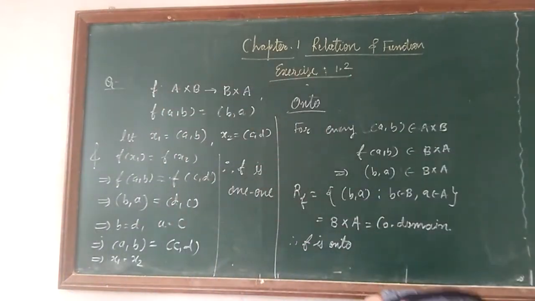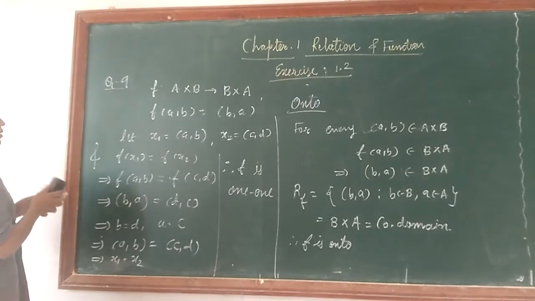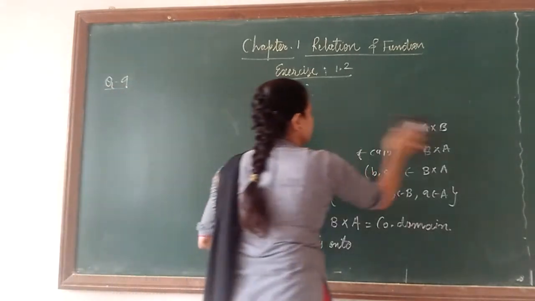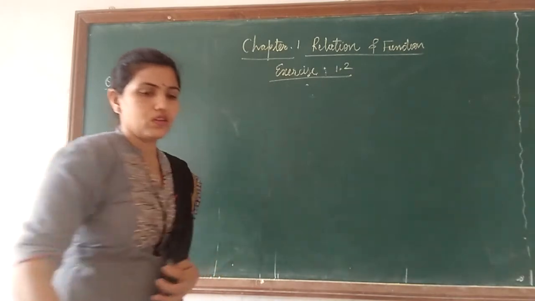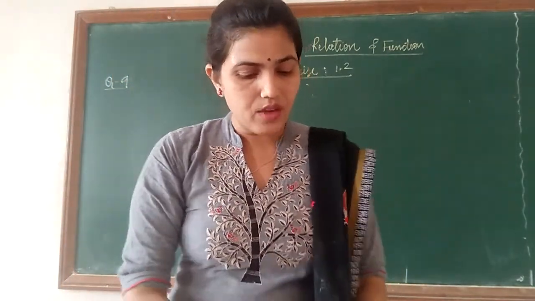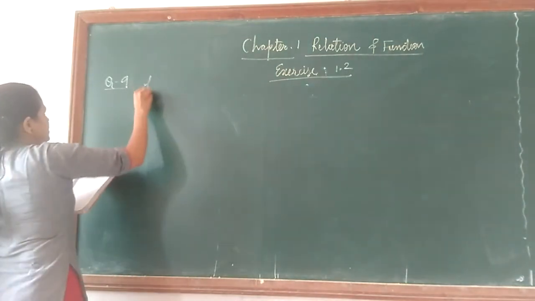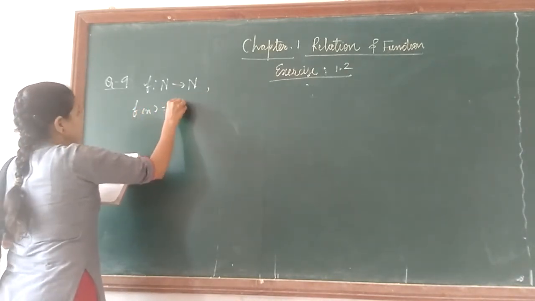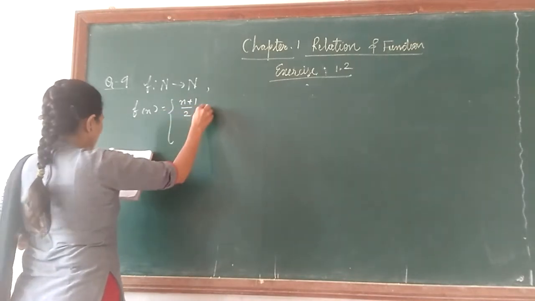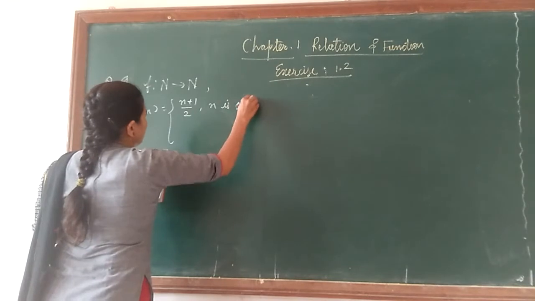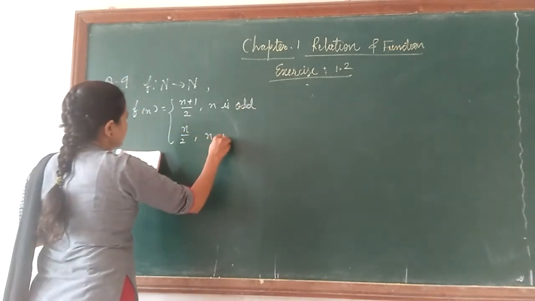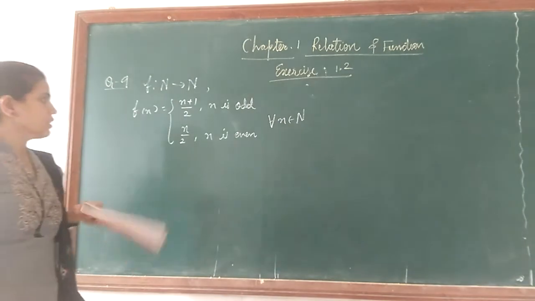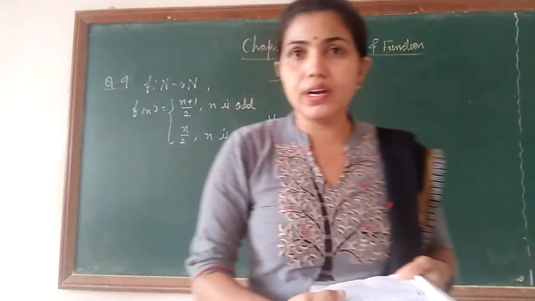Question number 9 is: let the function f from N to N be defined by f of n equal to (n plus 1) by 2 if n is odd, and n by 2 if n is even, for all n belonging to capital N. So this is the definition of the function in question number 9.